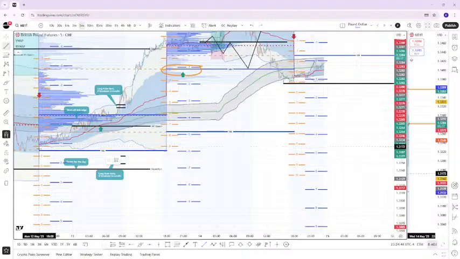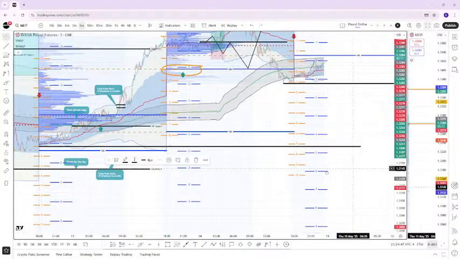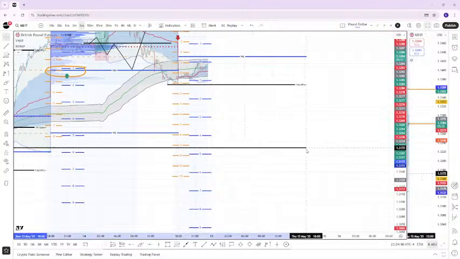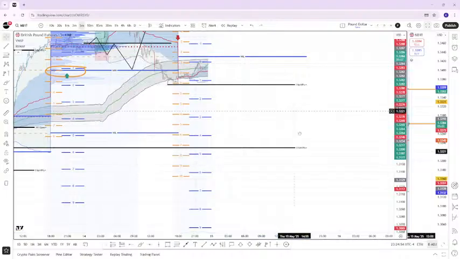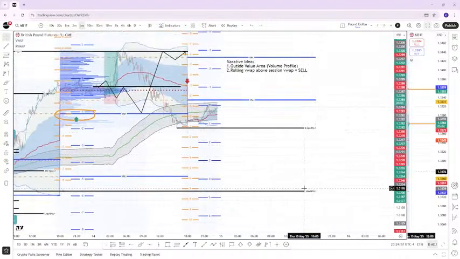Two-day low, and this one is liquidity. So we've got two areas as potential targets already. Okay, cool. That works. Chat works.